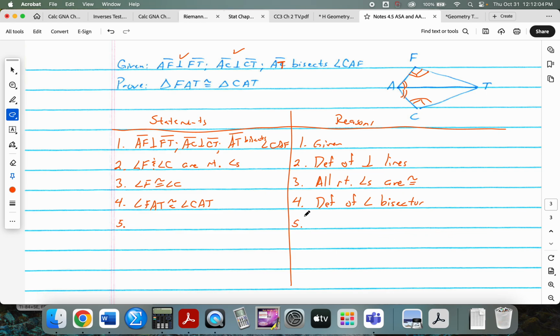Again, we have gone through all of our given, and we still don't quite have enough, so we have to get something from the diagram. What is it in the diagram that we know is true no matter what? Segment AT is congruent to segment AT. Yep. And that is the reflexive property.